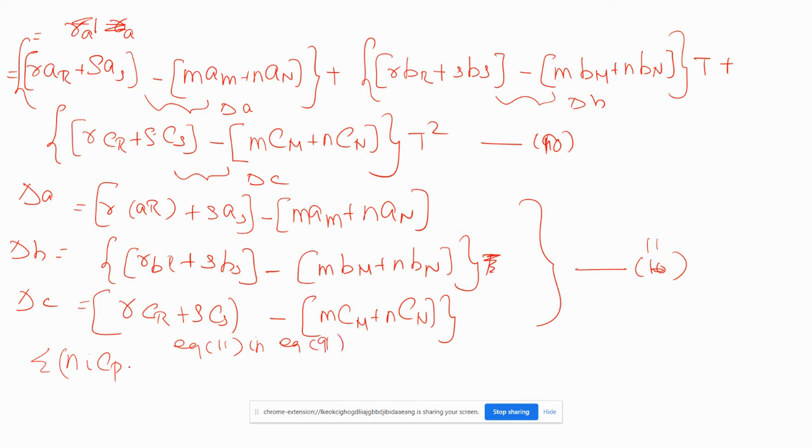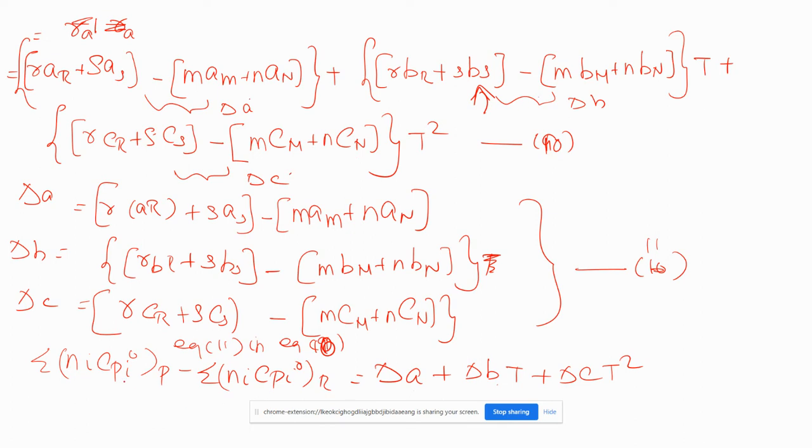You will get del A plus del Bt plus del C t square, because for this del A, for this del B, and for this del C. So you will get sigma Ni Cpi of P minus sigma Ni Cpi of R is del A plus del Bt plus del C t square.